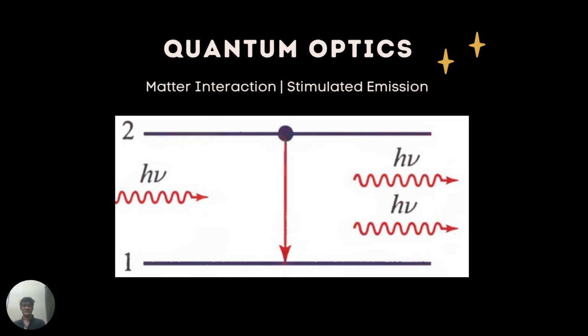Another interesting phenomenon is stimulated emission, where both absorption and emission happen together. There is one photon coming, it hits the atom, the electron takes the energy and goes to the higher energy level. But in this case of stimulated emission, the material exists in a state called an inversion state, where inversion means that there are more electrons in the higher energy state, but they won't drop back to state 1, the lower energy state.